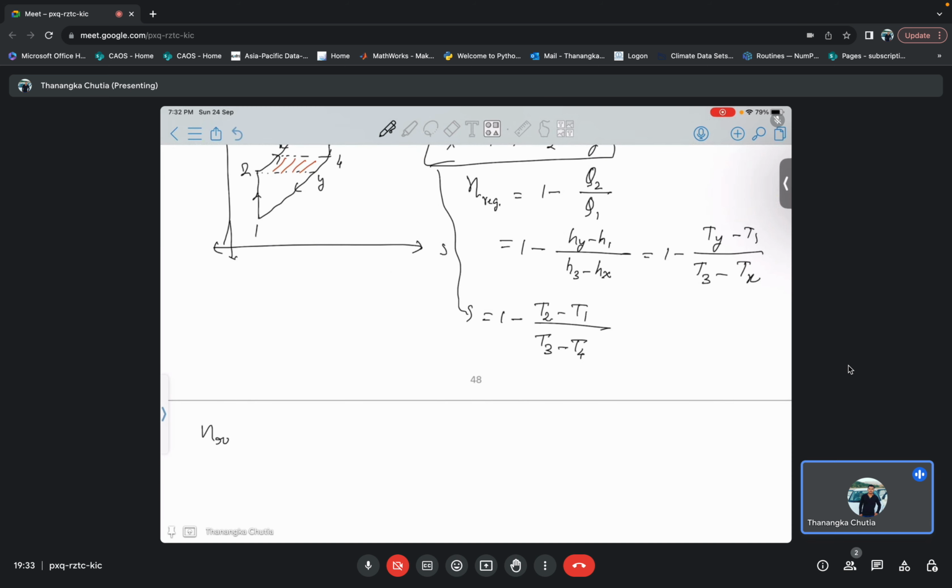So eta regenerative is 1 minus, if I take T1 common here, what will I get? T2 by T1 minus 1. And if I take T3 out from here, I will get 1 minus T4 by T3.